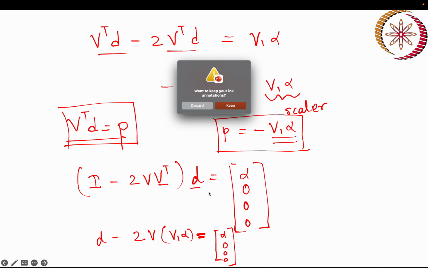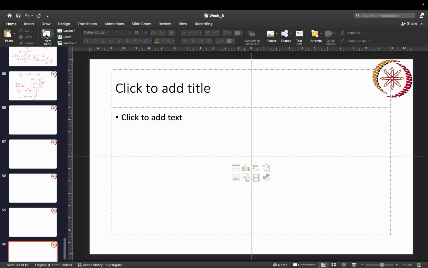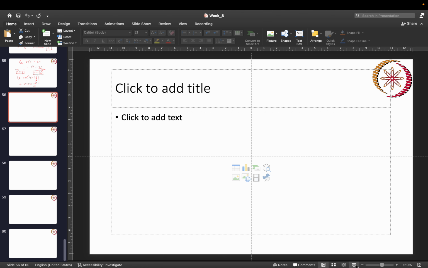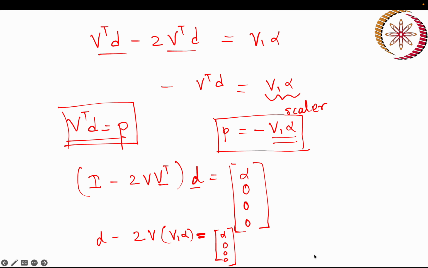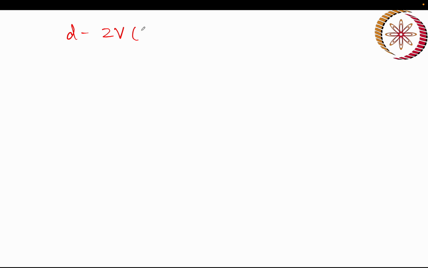Even though this derivation is long, you will understand why we are doing the calculations and the way we are doing. So D minus 2V into V1 alpha is equal to alpha 0 0 0.